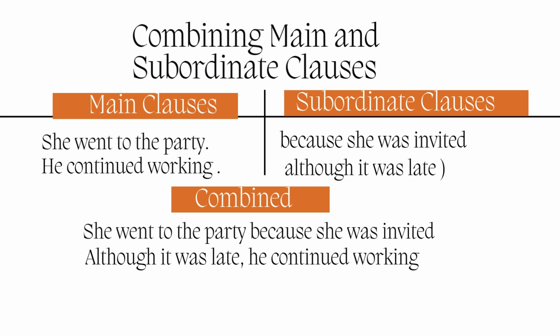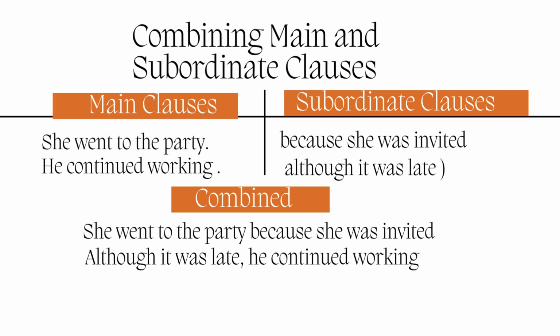Now, main clause: She went to the party. Subordinate clause: because she was invited. Main clause: he continued working. Subordinate clause: although it was late. Now, let's have the main clause and the subordinate clause combined.